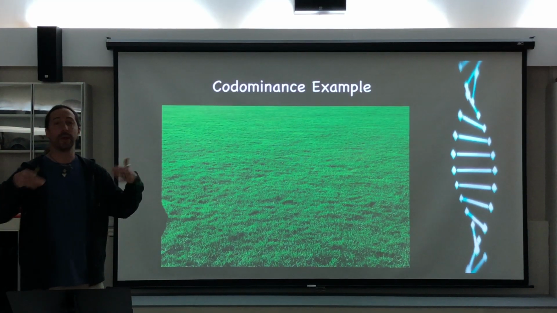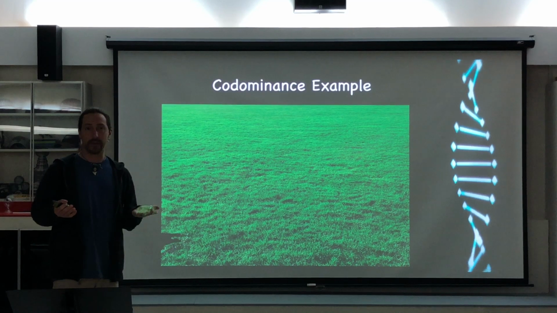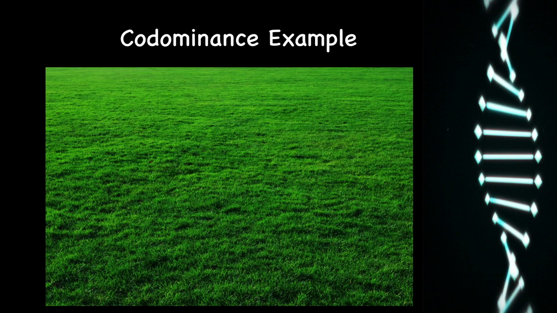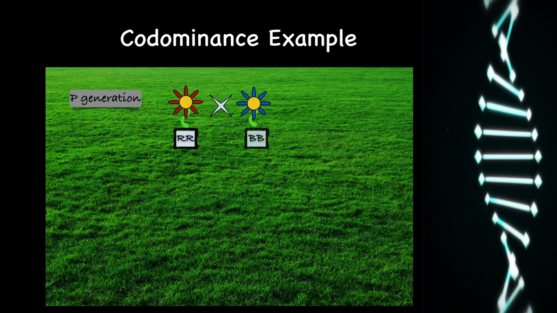So if we were to go into our hypothetical field, again, taking a homozygous red parent and a homozygous blue parent, and we were to cross them, this time in the F1 generation, instead of the F1 being red or violet, they are all going to appear as the blue petals with red.